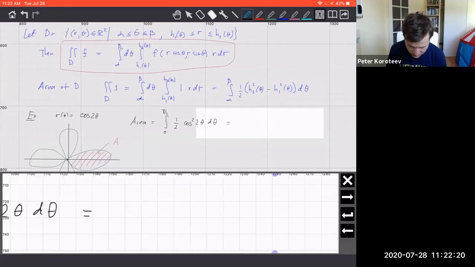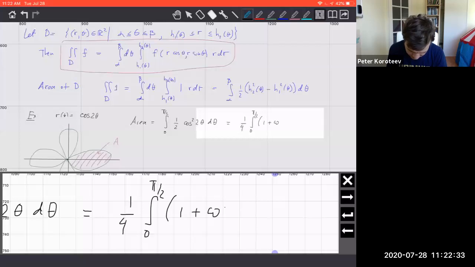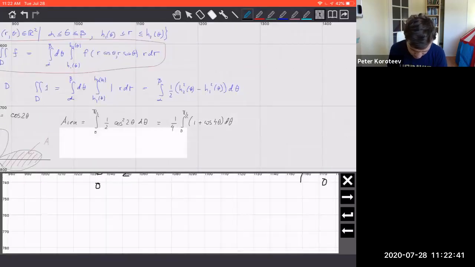And how do we do this integral? Well, we do the doubling trick again. It will give us 1/4 integral from 0 to pi over 2 of 1 plus cosine of 4 theta d theta.